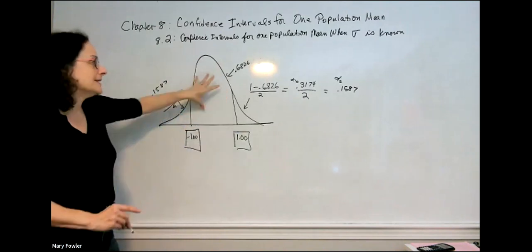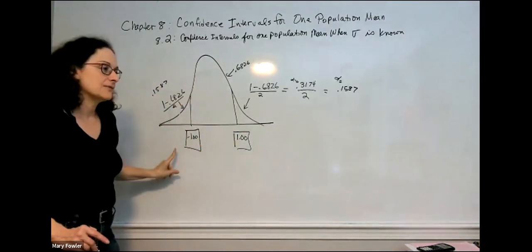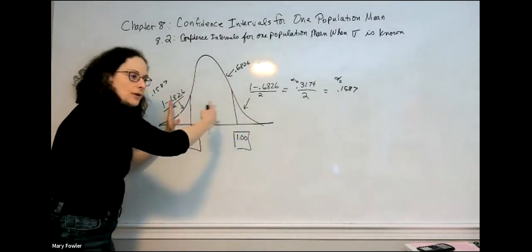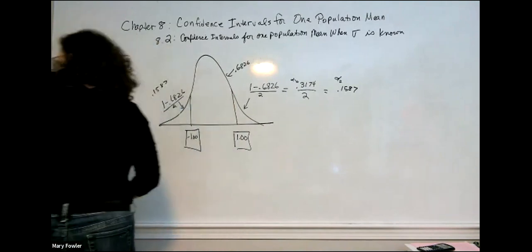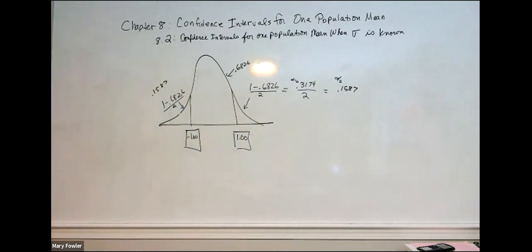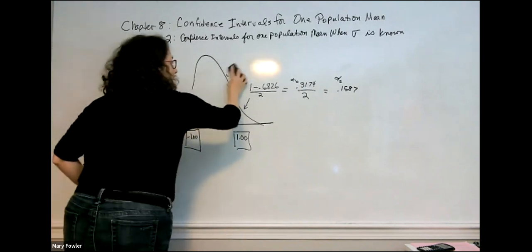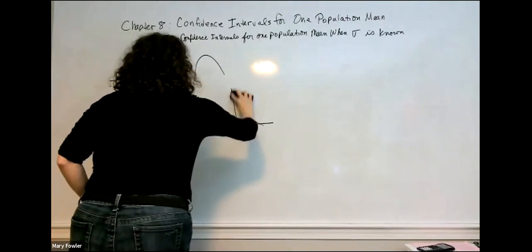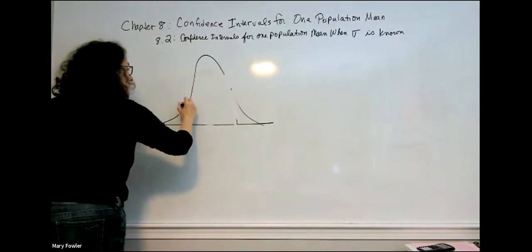I'm going to go ahead and put 90% in the middle, and then we're going to calculate the delimiting values, the z-scores that draw this picture for the 90% in the middle. So 90% comes into the middle here.